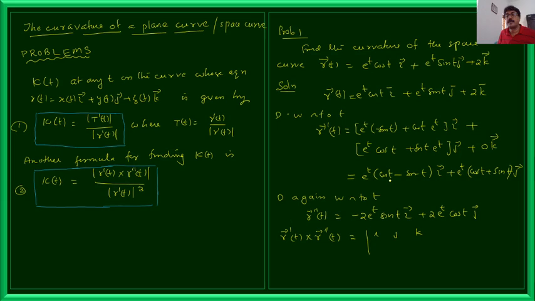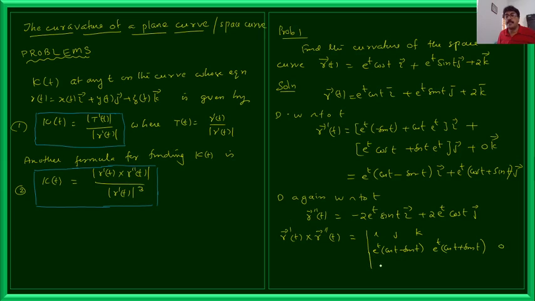Then the first row is e raised to t into cos t minus sin t, then e raised to t into cos t plus sin t, and there is no k component, so it is 0.